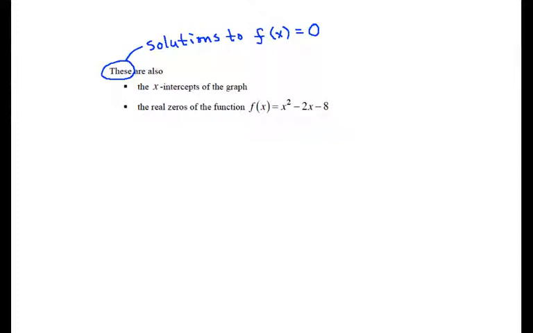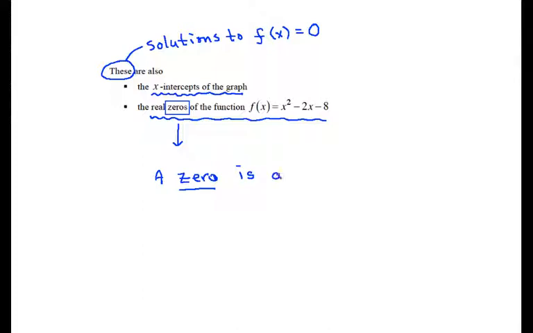Solutions to f of x equals 0 are the x-intercepts of the graph, and they are what we would say are the real zeros of the function. Remember that a zero is an input that makes the output equal to 0.